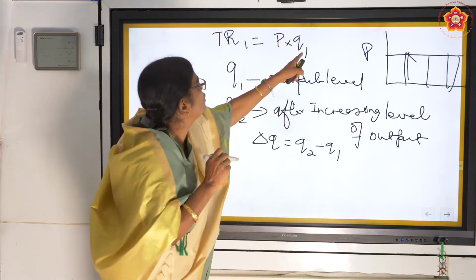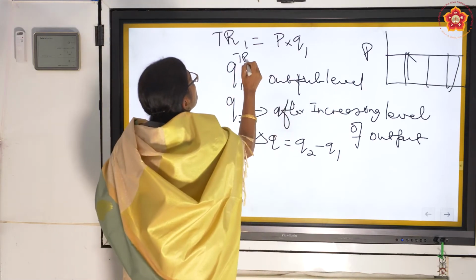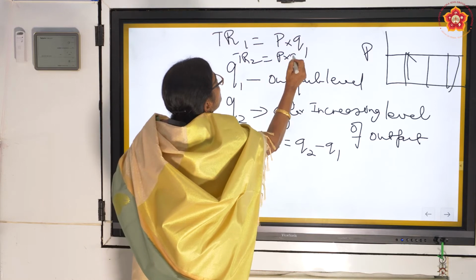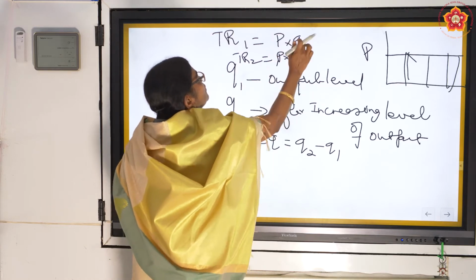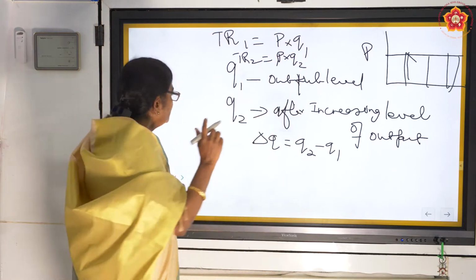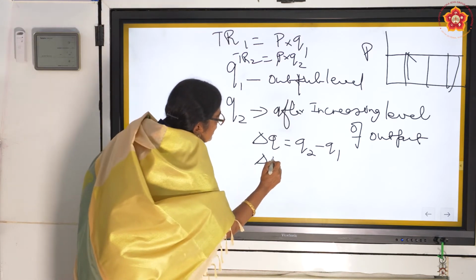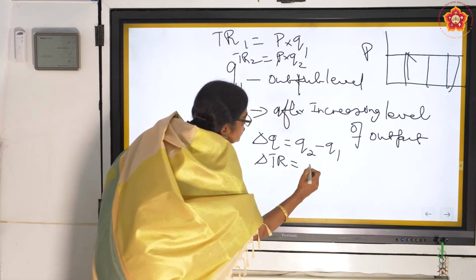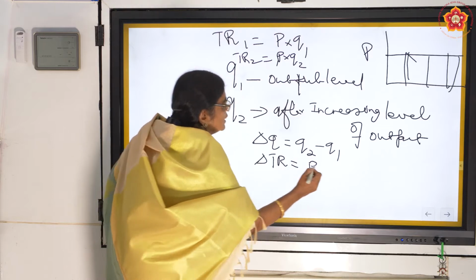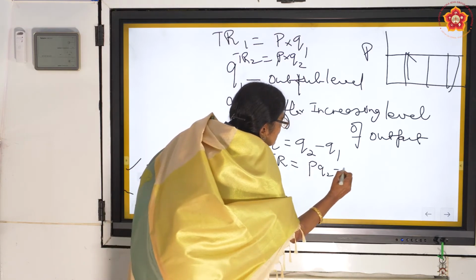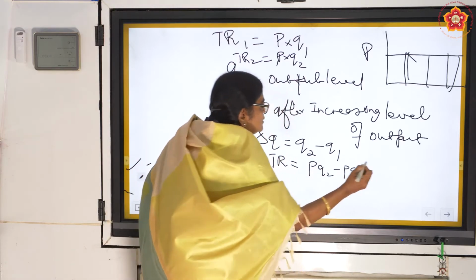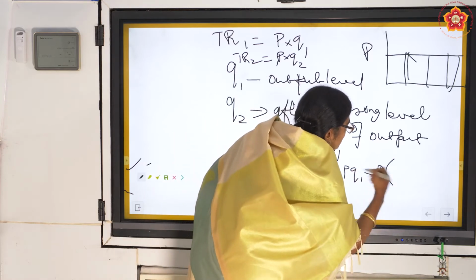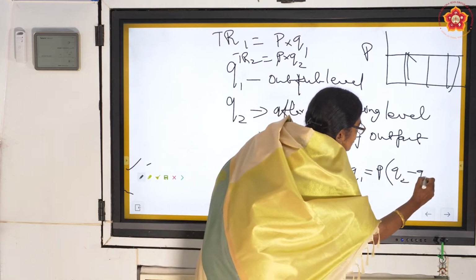Therefore TR1 is P into Q1, and TR2 is P into Q2, because P is constant and only Q1, Q2 change. What is the change in TR? Taking P outside, it is PQ2 minus PQ1, which is P times Q2 minus Q1, taking the common factor.